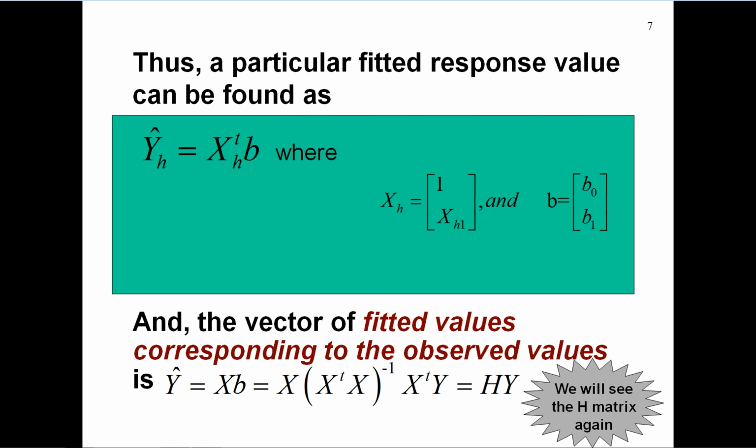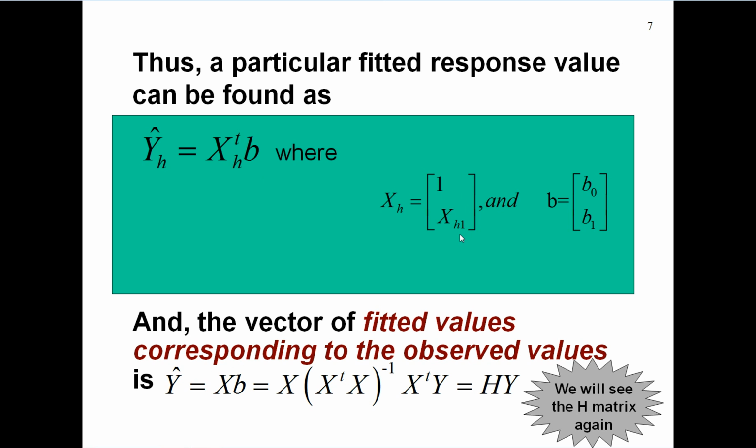We'll take x_h, where the x sub h here represents the particular value of our regressor variable, and we'll take x_h transpose, so that this then would become a 1 by 2 if we transposed it. And then we have our vector b, which is a 2 by 1. So when we do this arithmetic, it's obvious, I hope, that we get a 1 by 1. That is, we get the fitted value associated with the x sub h level of x.